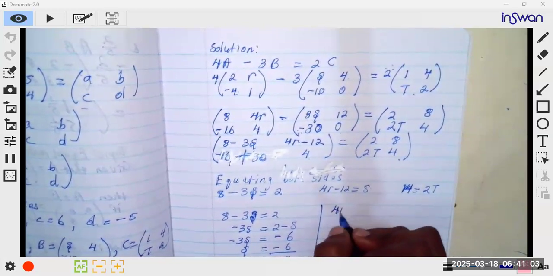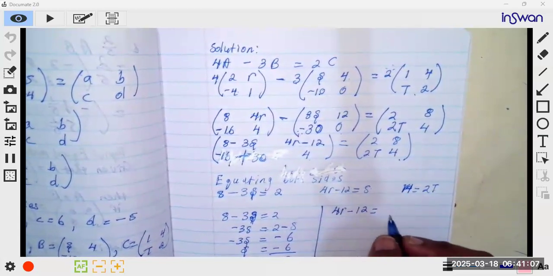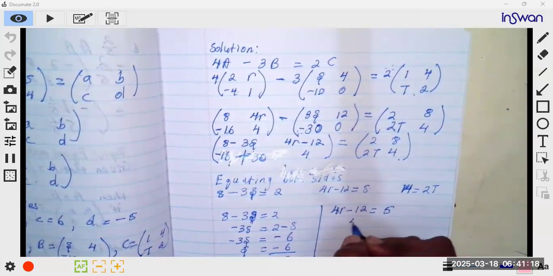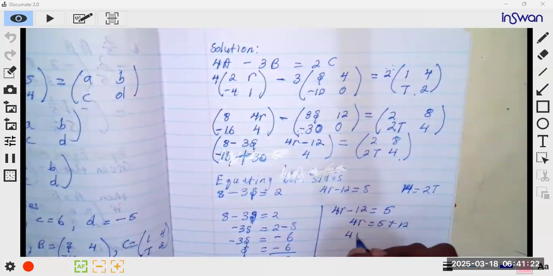Then we have 4r minus 12 is equal to 5. So 4r will be equal to 5 plus 12. 4r will be equal to 17.